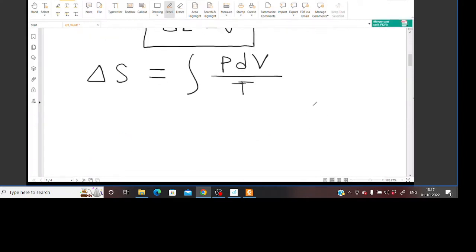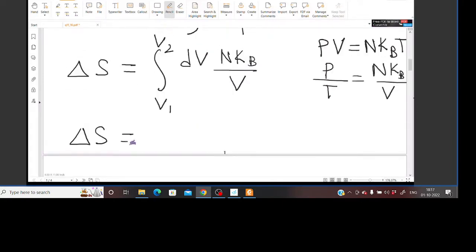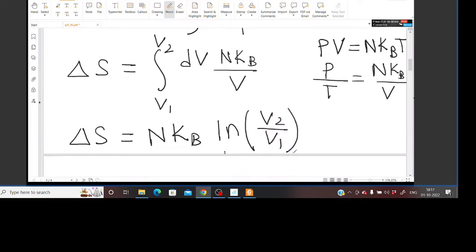Now for N atoms of an ideal gas, we have PV equal to N kBT. So P by T is equal to N kB by V. So delta S is equal to integral dV into N kB by V. After integrating, we obtain that the change of entropy is equal to N kB log V2 by V1, where V2 is the final volume and V1 is the initial volume.